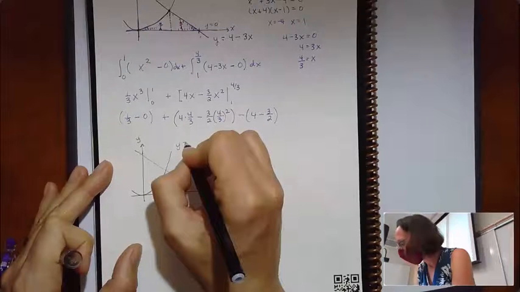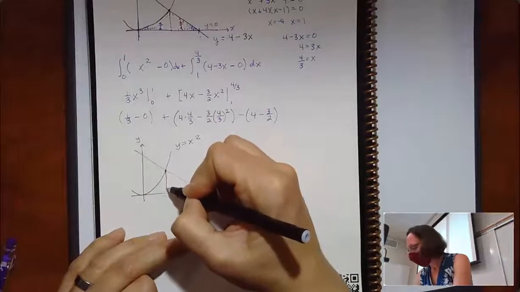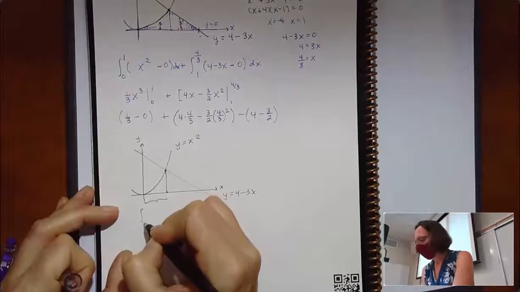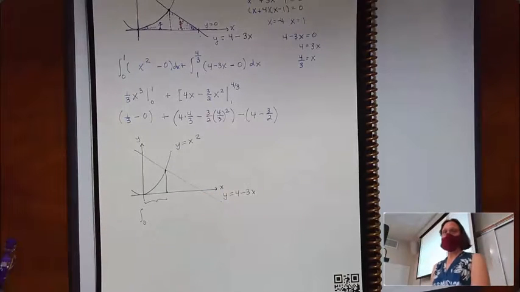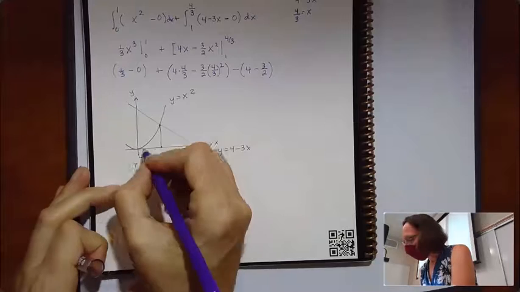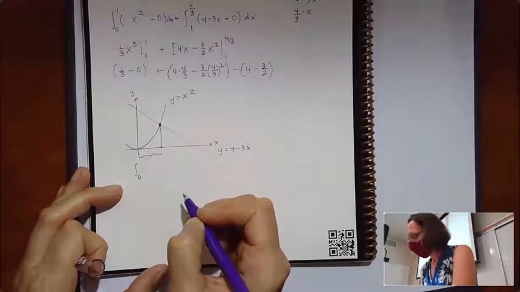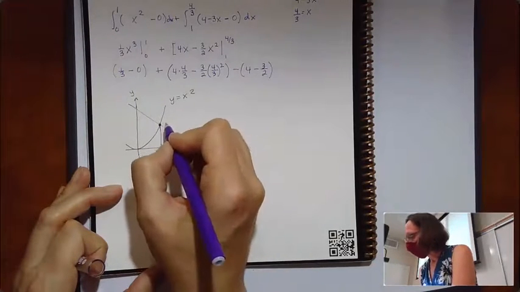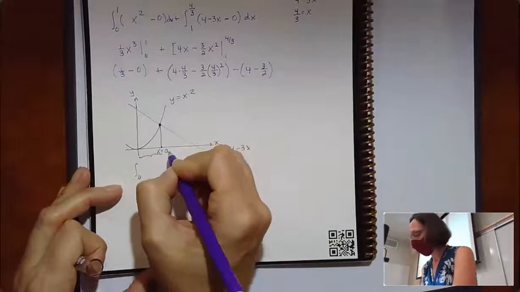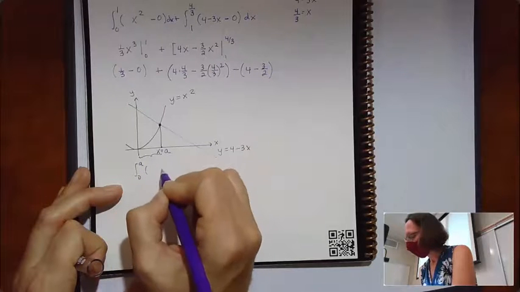So I had to break this into two separate regions. For this first region, my lower bound is 0, but for my upper bound I had to get whatever that intersection point is. I'm just going to call that intersection point x equals a. So this first one had to go from 0 to a.